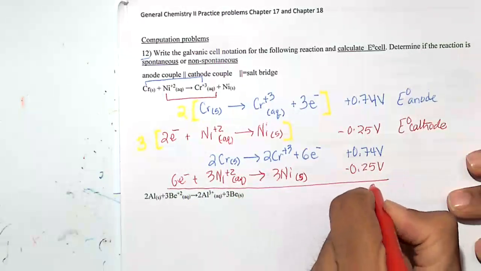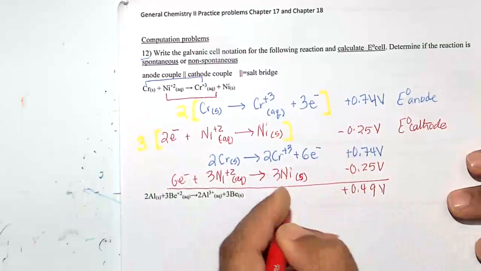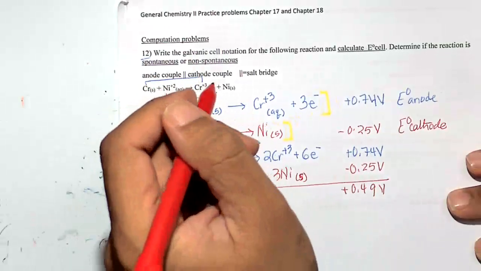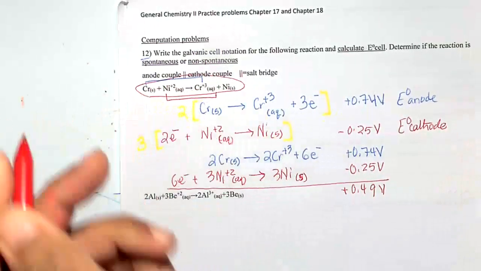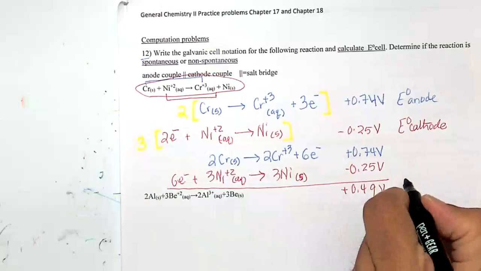And then my net is going to be, when I add them up, this is E cell, standard state.